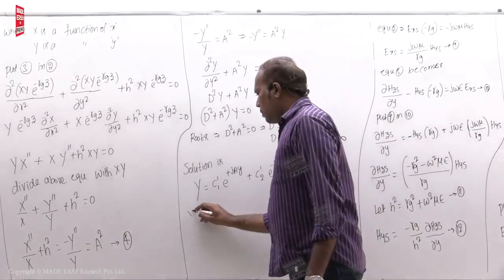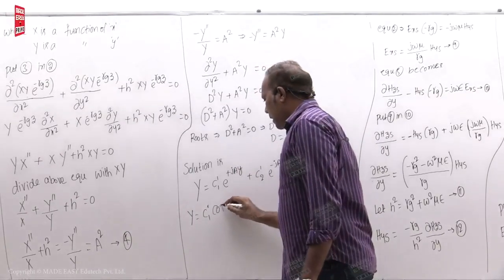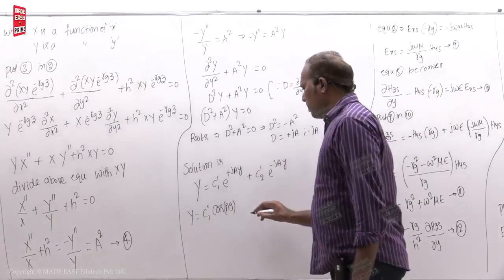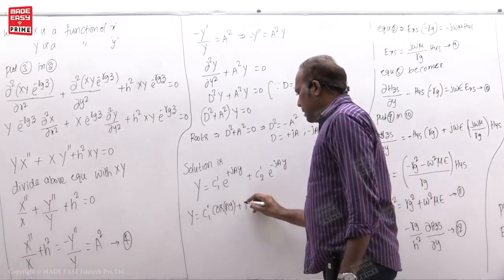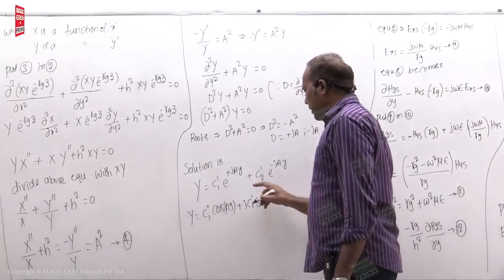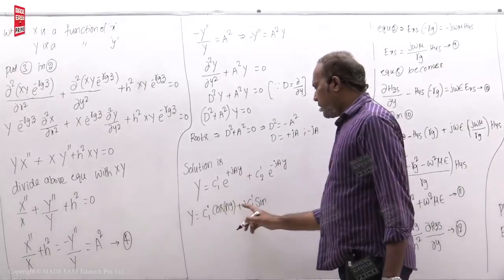Now Y is equal to c1 dash cos ay plus j into c1 dash into sin ay, because this is cos ay plus j sin ay. I am multiplying with c1 dash.